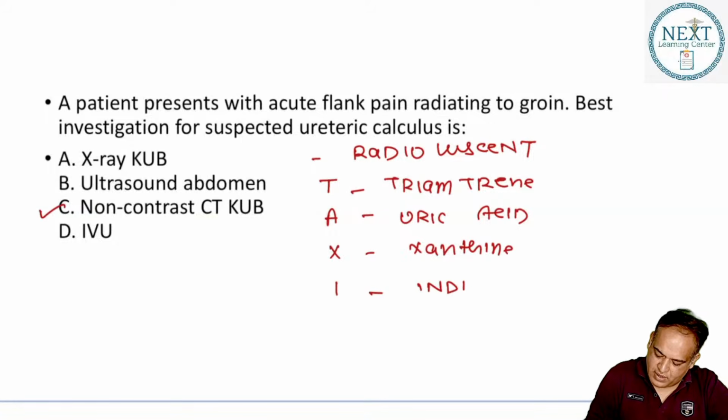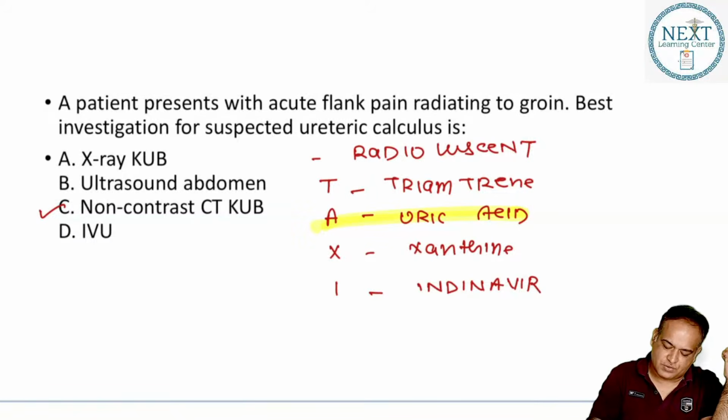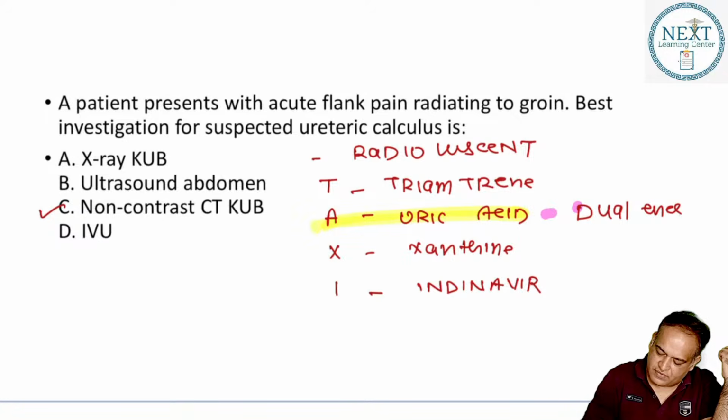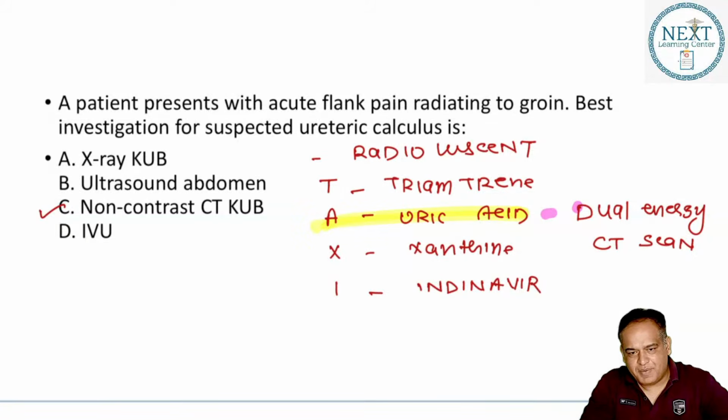I is for indinavir. So for other stones contrast CT may be required, but a uric acid stone is a different type of stone. It is clearly seen on dual energy CT scan. Uric acid stones, the most common radiolucent stones, are typically seen on dual energy CT scan.